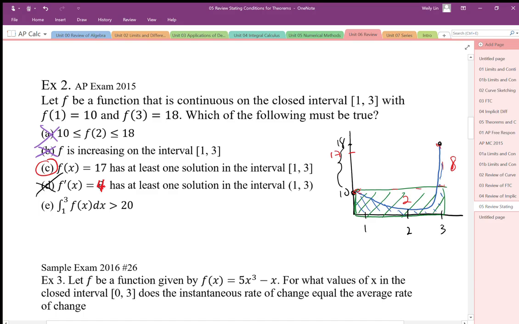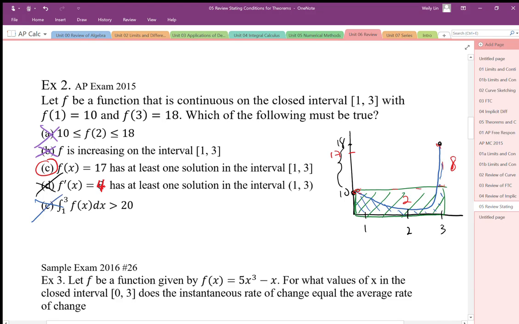However, if this was continuous and differentiable and concave down, then we would have to say that that would be true. So it is really important if you can graph these and play around with what these look like. You can look at all the different scenarios that you can be given.